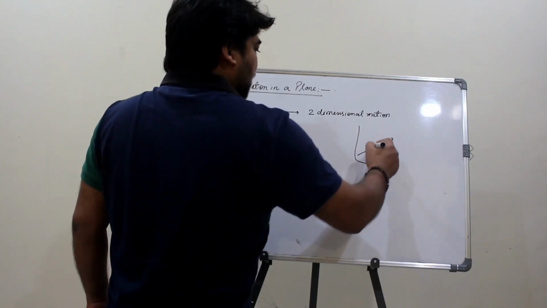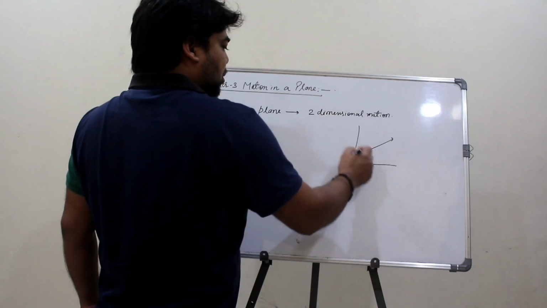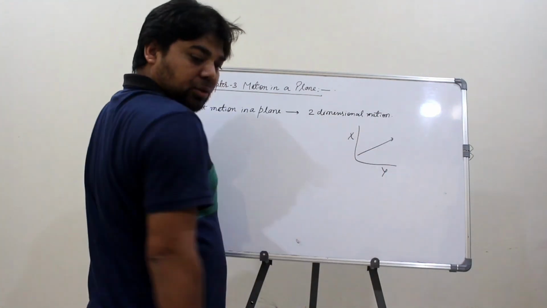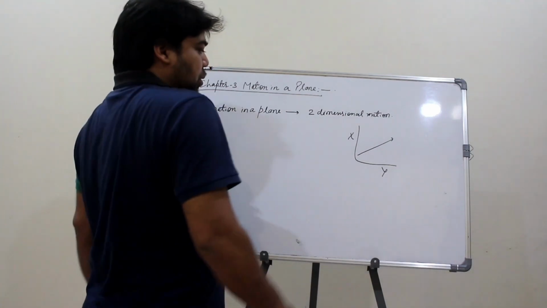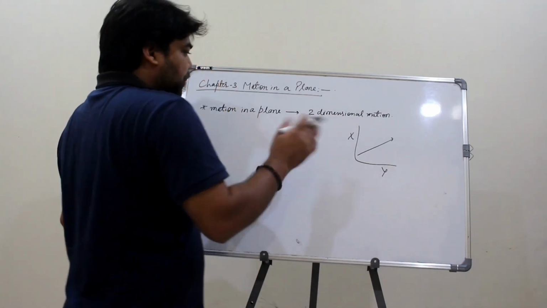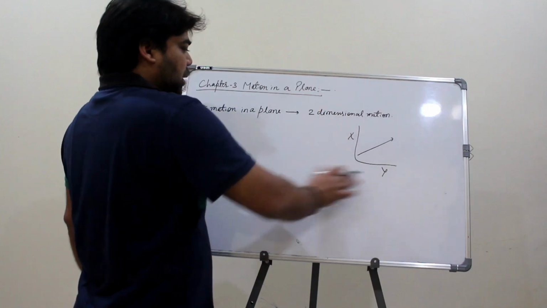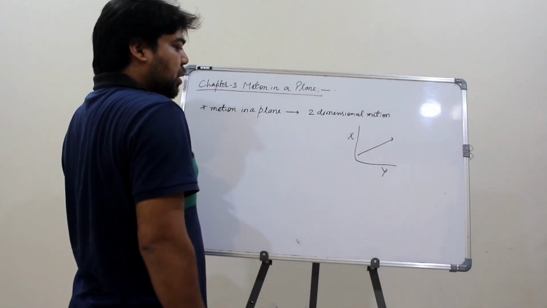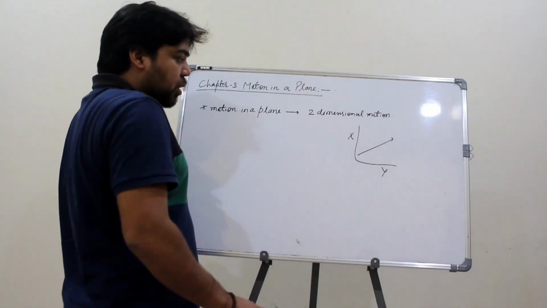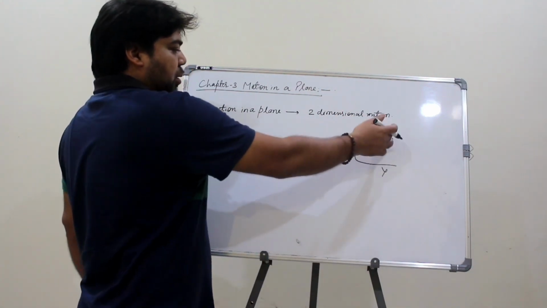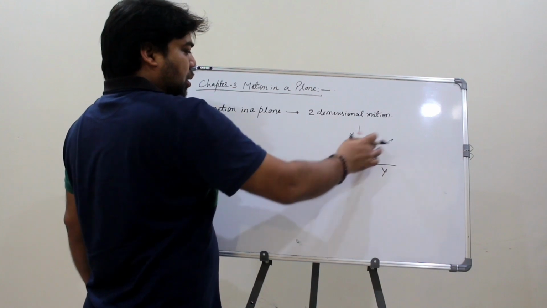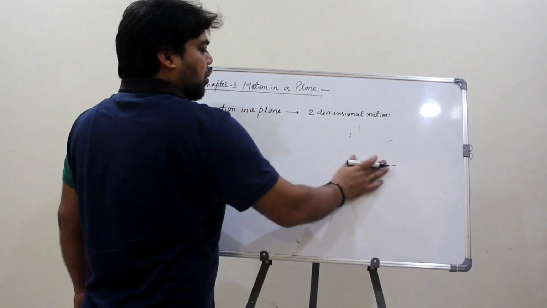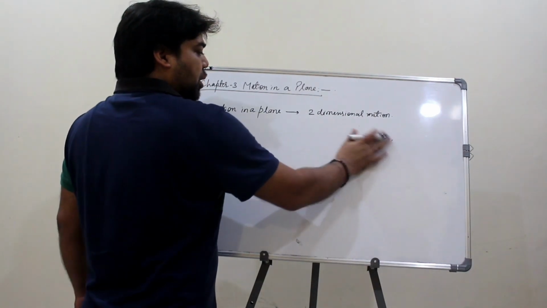So x is there, y is there, so the motion is in the xy plane. To understand it in a clearer way, this is a 2-dimensional motion example. We will try to understand it in more detail.